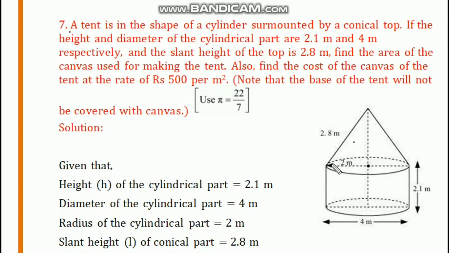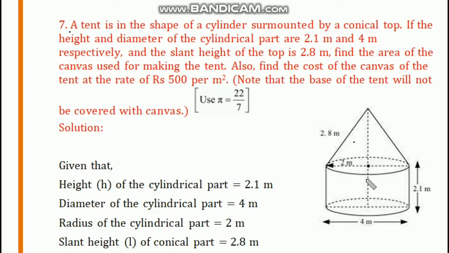That means the radius of the cylinder is 2 meter and the radius of the cone is also 2 meter. Actually, here we need to find out the cost of the canvas. So for that, first we need to find out the total surface area of the tent.